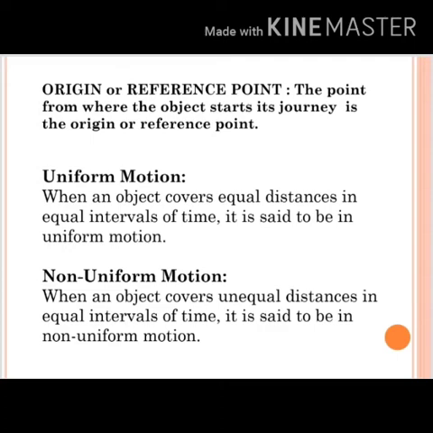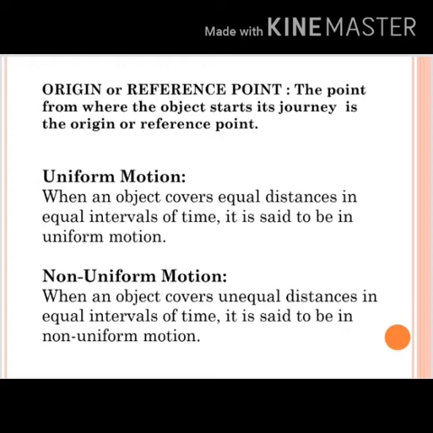Now non-uniform motion. If an object covers unequal distance in equal intervals of time, it is said to be non-uniform motion. Most of the motions seen in our daily life are non-uniform motion, for example, a car in a traffic jam.